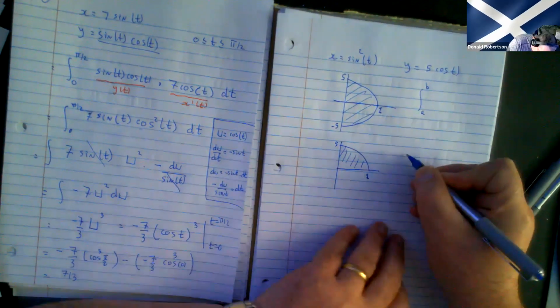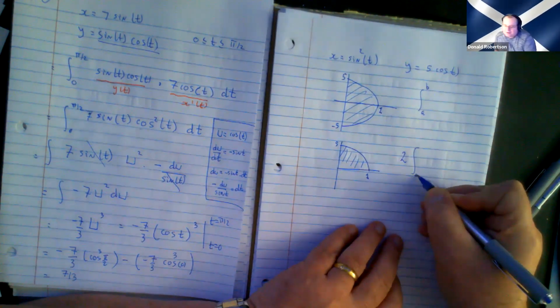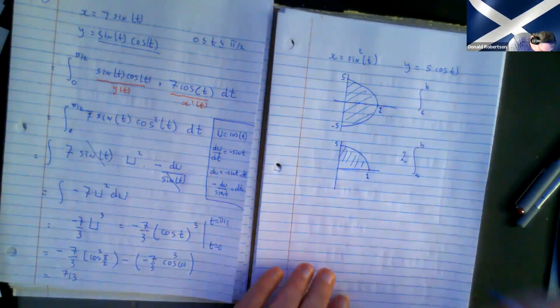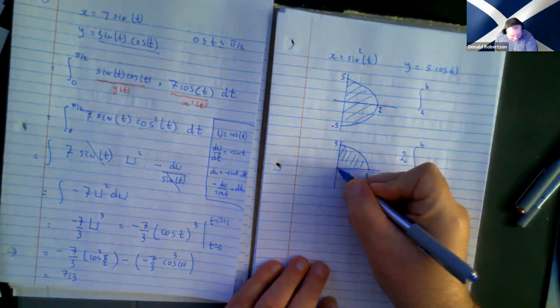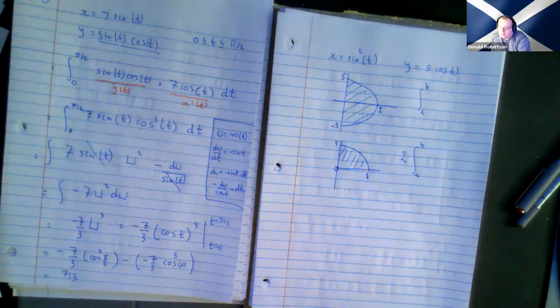So my integral is now going to be 2 somebody to somebody. Now, what you might think, and it may be the case, is that it's going to be 0 to 1.